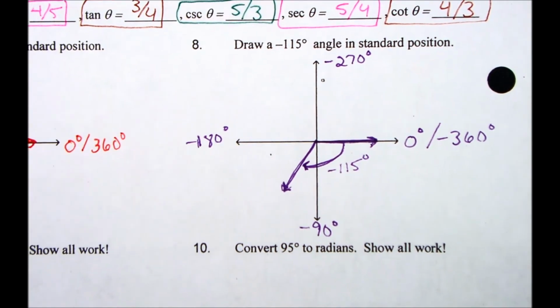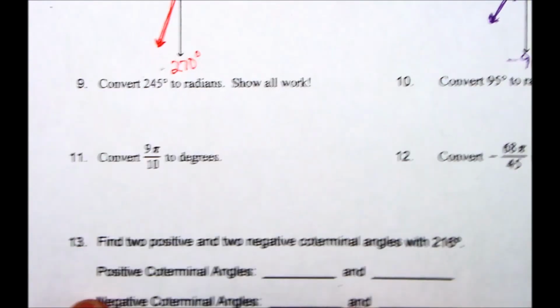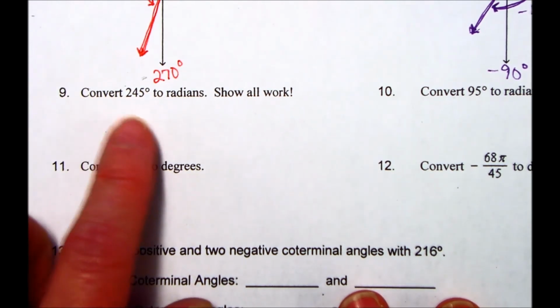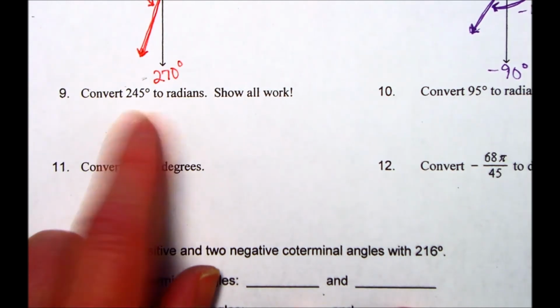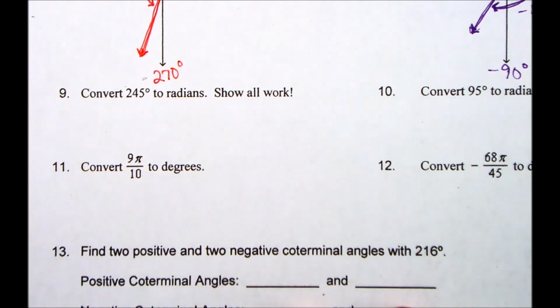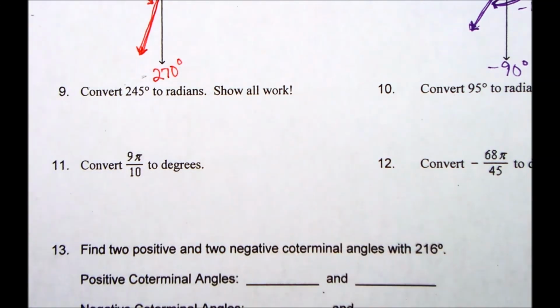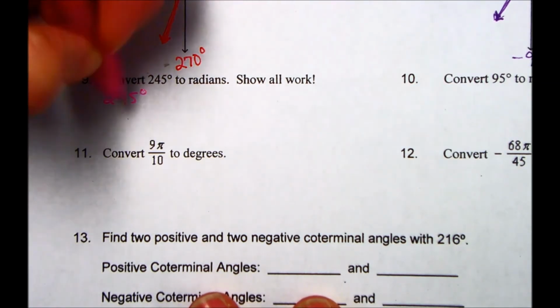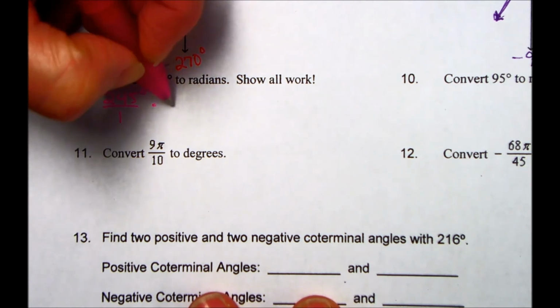Good. All right, so the next problem, number 9, 10, 11, and 12, we're just changing units of measure from degrees to radians or from radians to degrees. And to show all your work, you have to show the conversion rate. So the 245 degrees, I'm going to put it over 1.